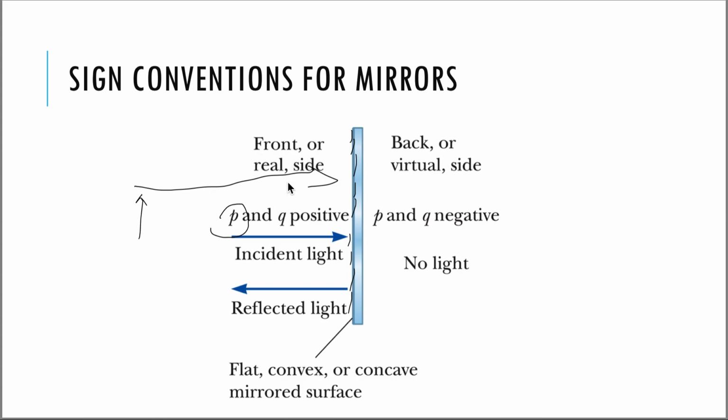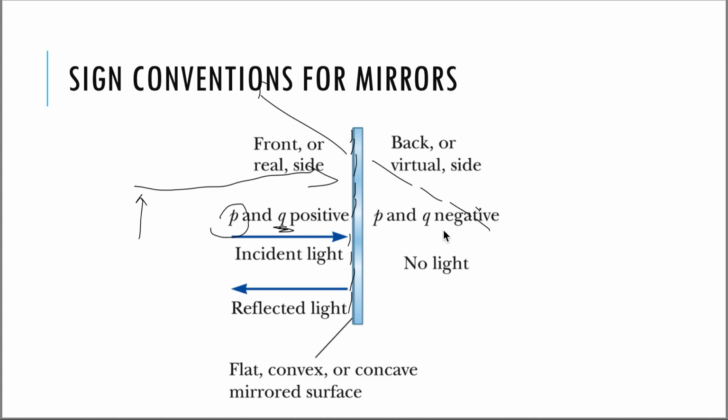If the image formed is in front of the mirror, and this happens when you have that real image where the rays intersect, then the image distance is also positive. However, we've seen that sometimes the image was formed over here. For a flat mirror, the image was always on the back, because when the rays reflected, you had to trace them back and form your image over here somewhere.